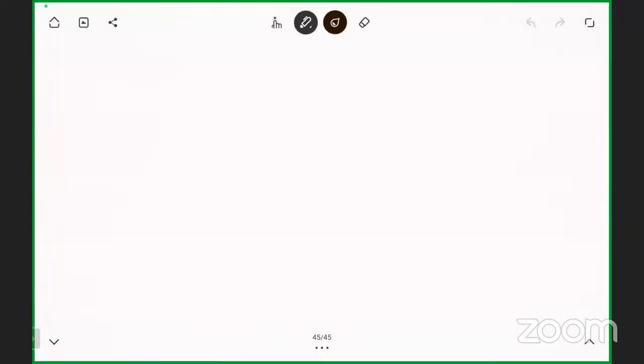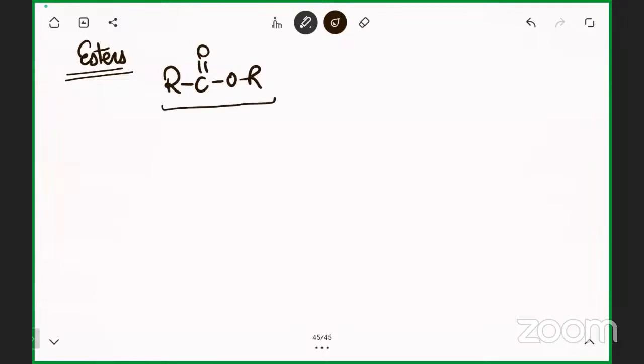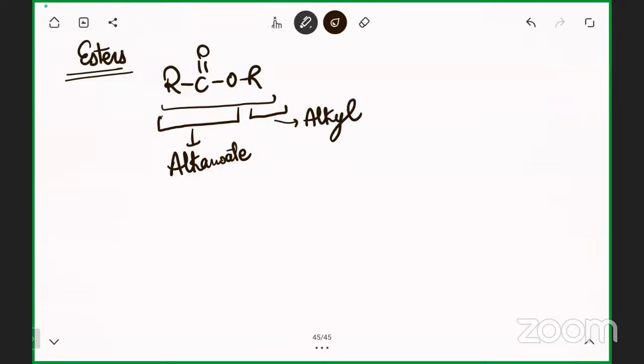Okay. So right now I'm continuing with the IUPAC, and let's start with the IUPAC of esters. In the morning, I've done 2 to 3 names of esters, so I'm repeating it again. See what exactly the ester is. That is R C double bond O single bond O single bond R. This is called ester. This part till O is known as alkanoate, and this one is alkyl.